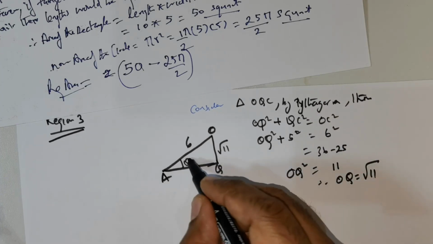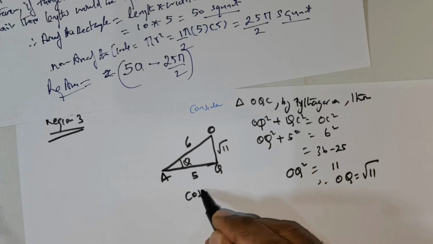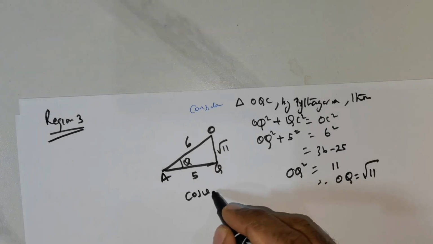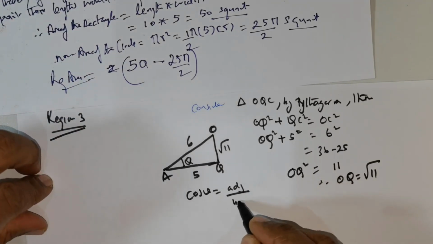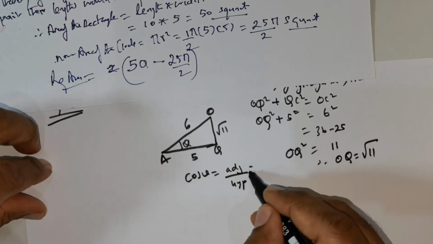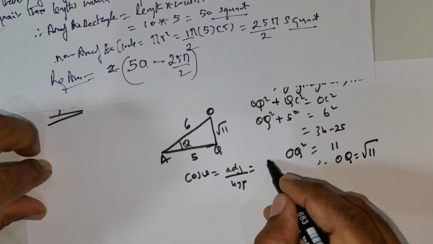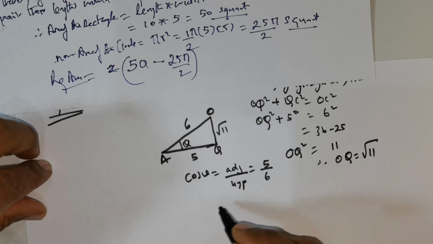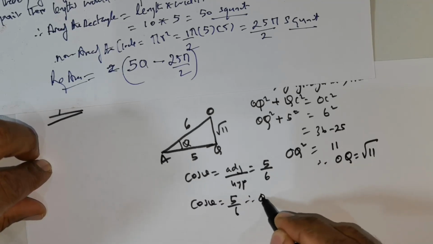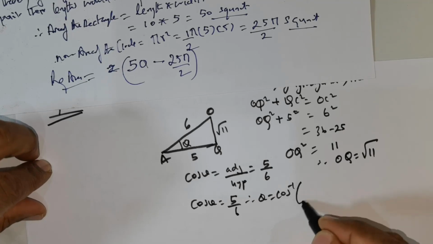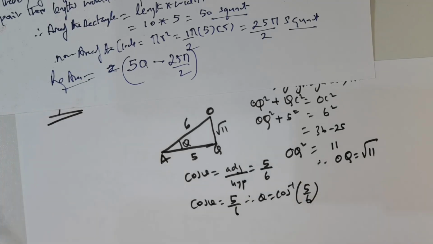Okay, so cos theta is equal to adjacent side by hypotenuse. My adjacent side is 5 units, hypotenuse is 6 units. So cos theta is equal to 5 over 6, therefore theta is equal to cos inverse of 5 over 6. So let me get my calculator.